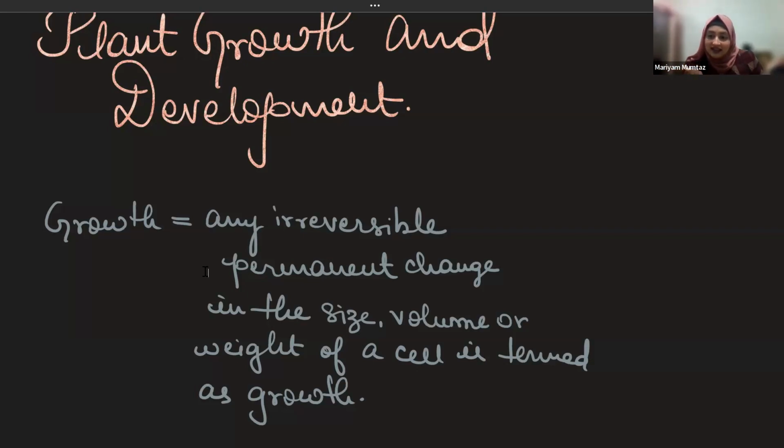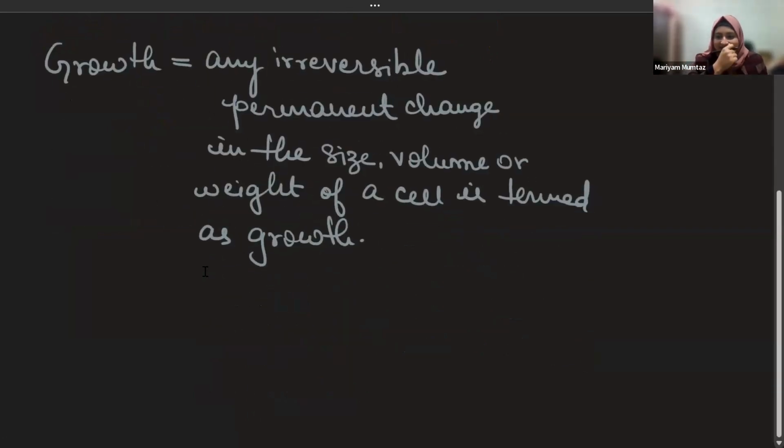No. So that's my point. See, the growth in the case of plants is unlimited, whereas in our case it is limited. We stop growing after a while.